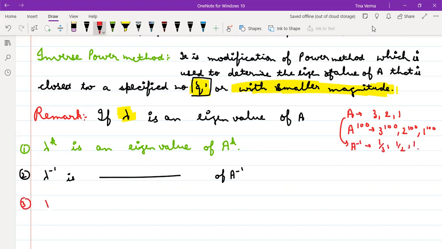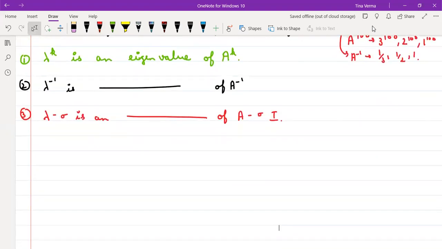Moreover, the third is that lambda minus sigma is an eigenvalue of A minus sigma I. Suppose the question is to find the eigenvalues of A minus 2I. The eigenvalues of A are 3, 2, 1, so that will be 3 minus 2, 2 minus 2 and 1 minus 2. So these will be the eigenvalues of A minus 2I. So it says lambda minus sigma is an eigenvalue of A minus sigma I.